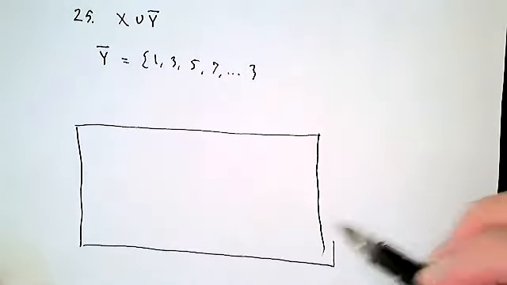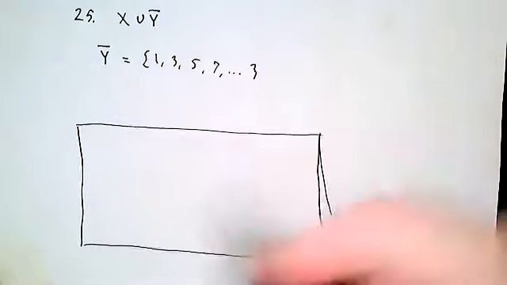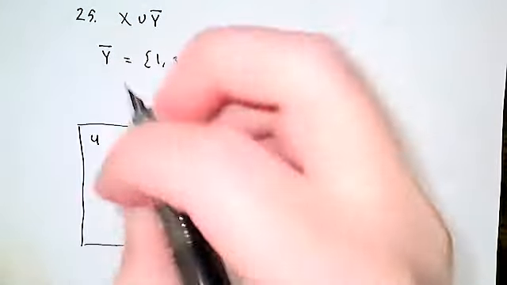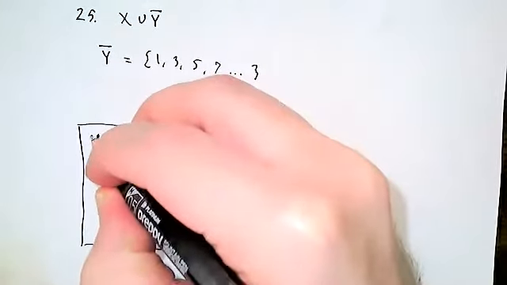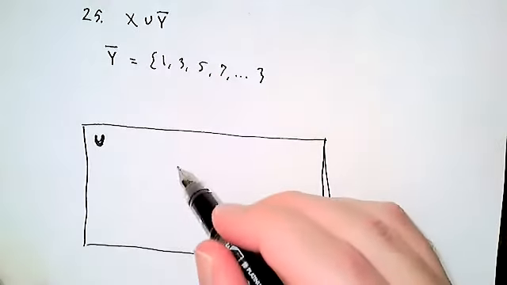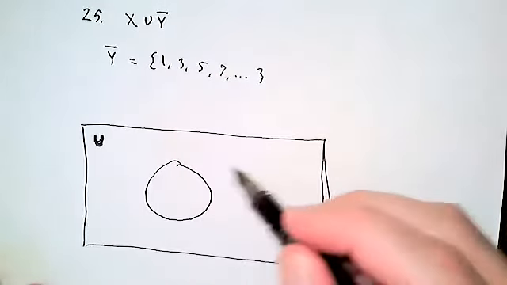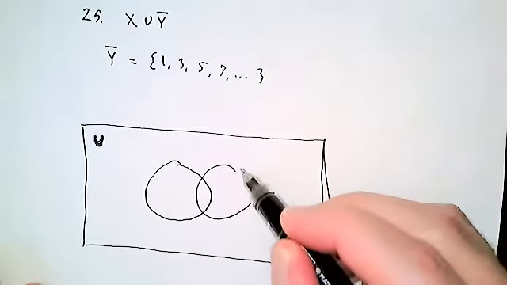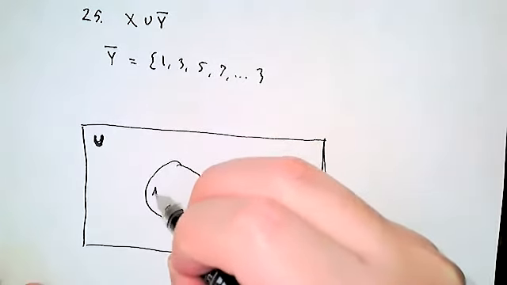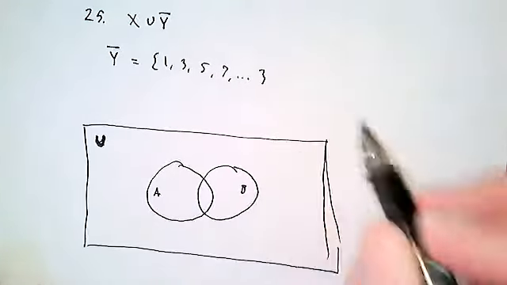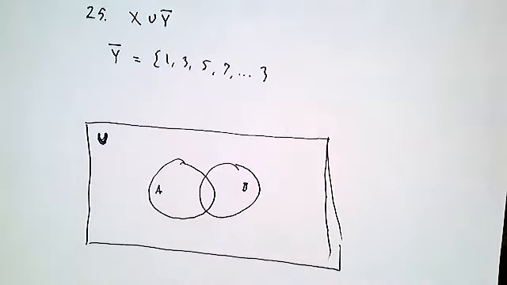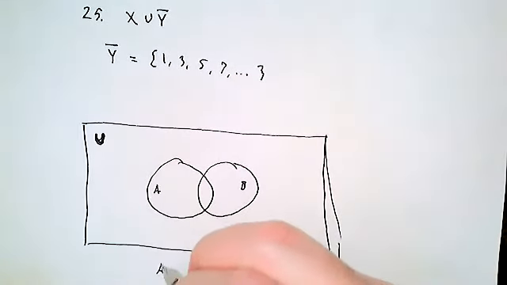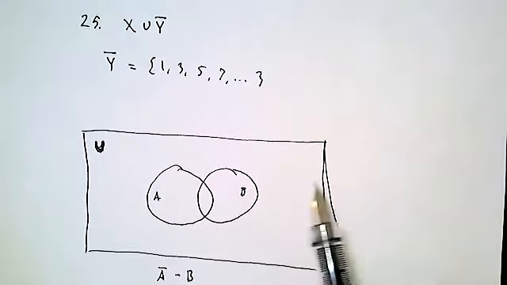So make your box for the universal set, and then 2 circles for the 2 sets A and B. And then you have to figure out how to shade A complement, and then subtract B. So Nick, where is A complement?